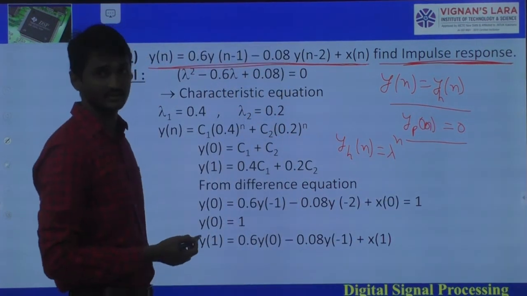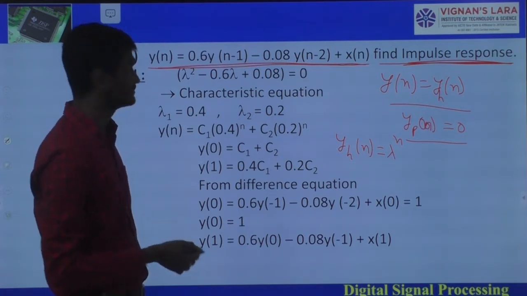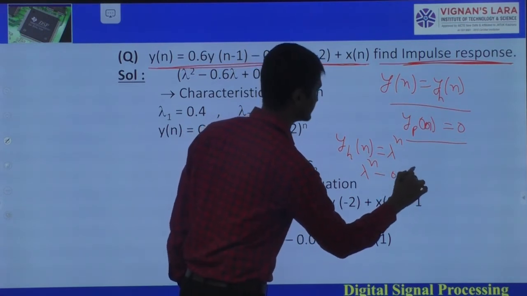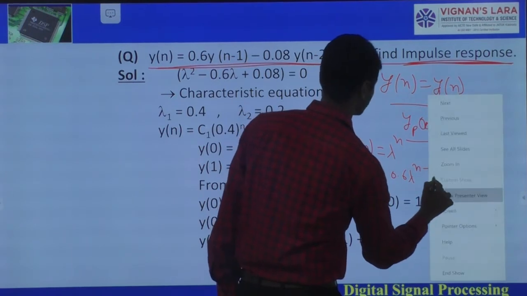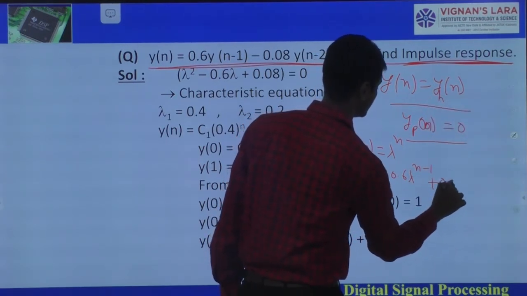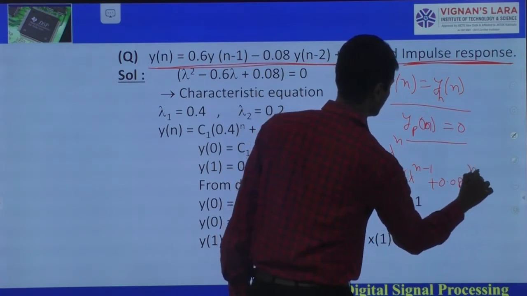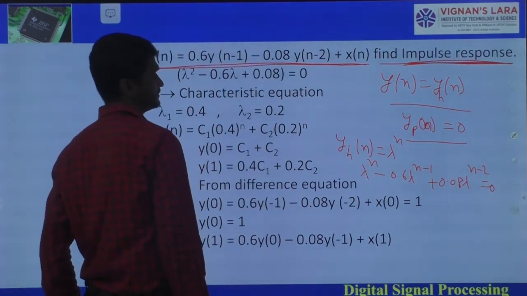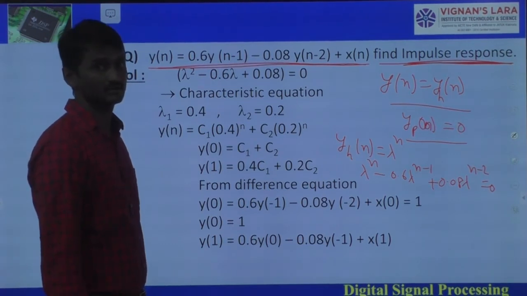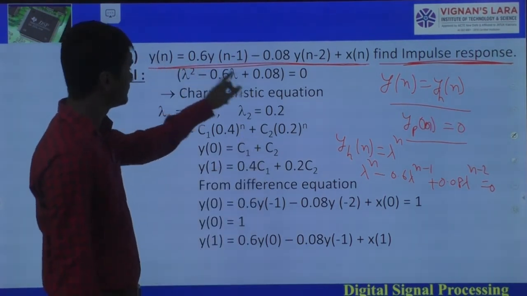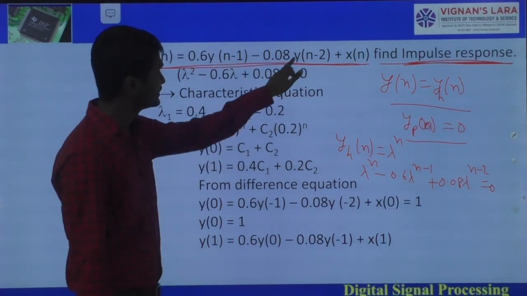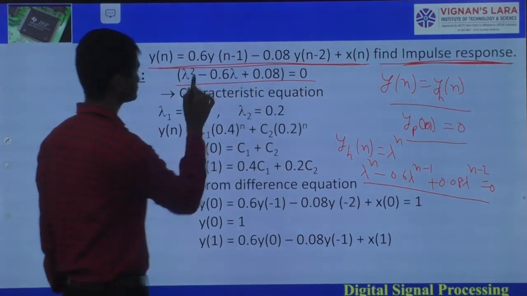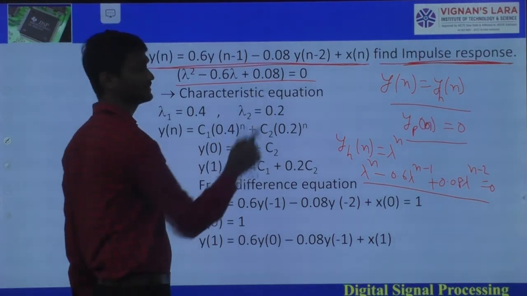Then we represent the given difference equation in the form of the characteristic equation: lambda power n minus 0.6 lambda power n minus 1 plus 0.08 lambda power n minus 2 is equal to 0. For the characteristic equation we equate the input terms to 0. So the characteristic equation is lambda square minus 0.6 lambda plus 0.08 is equal to 0.